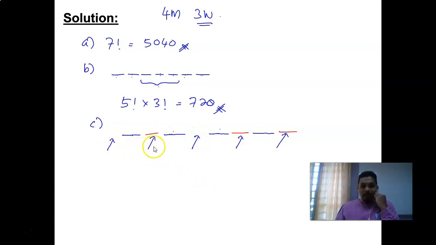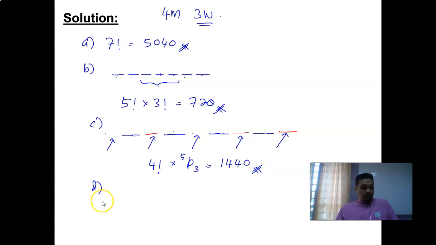So there are 5 spaces to arrange the chairs for the girls, any of these. So we come up with the calculation: 4 factorial times, there are 5 spaces for the girls, 1, 2, 3, 4, 5, and we only need to arrange 3 seats for them. So it is 5P3. And using a calculator, it gives you 1,440 different arrangements.